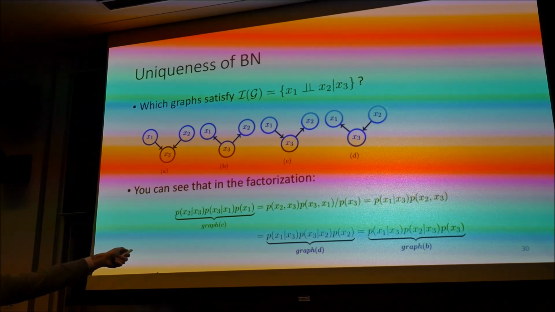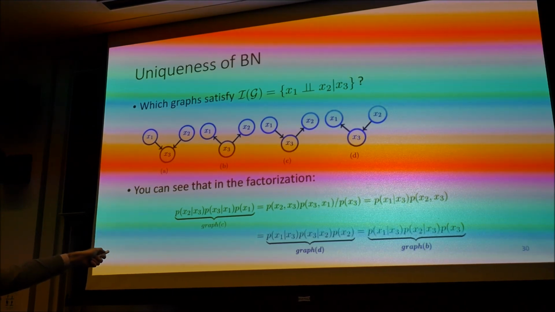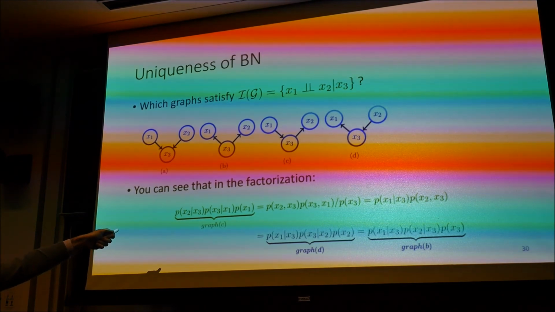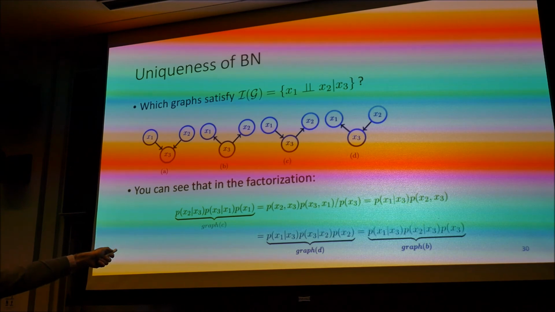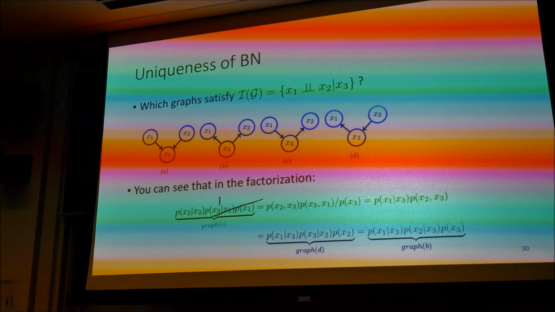It's very simple. You can write the joint probability distribution that is coming from, let's say, one of them. This is the factorization induced by this graph: P(X2 given X3), P(X3 given X1), and P(X1). I can absorb these two and get P(X3, X1).